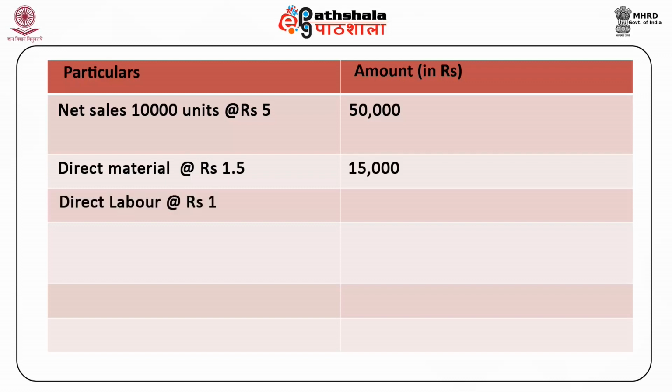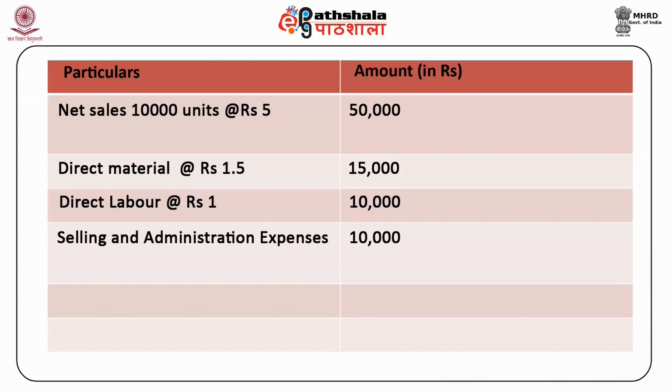Direct labor Rs 1 per unit, that is, total direct labor cost is Rs 10,000. Factory overheads are Rs 10,000. Selling and administration expenses are also Rs 10,000. Thus, the total costs come out to be Rs 45,000 and the net profit comes out to be Rs 5,000.